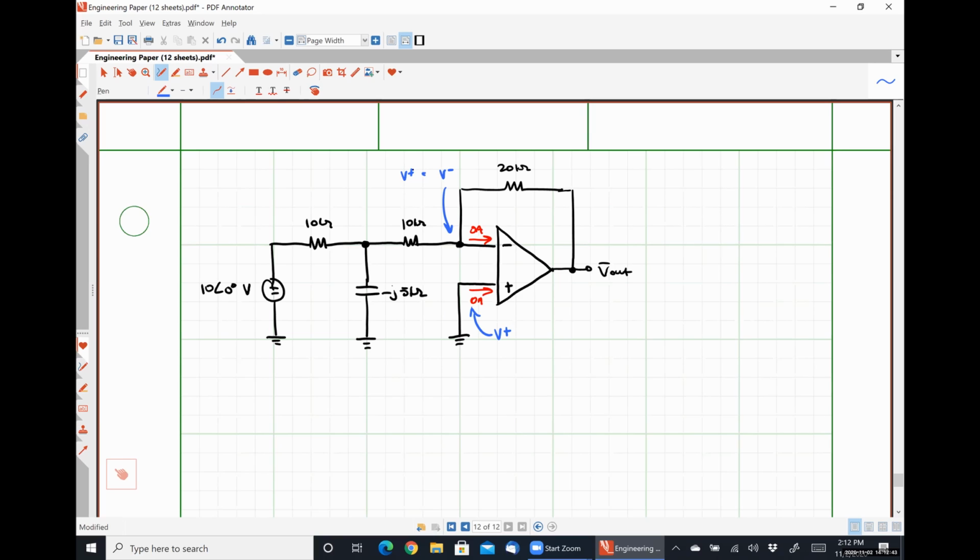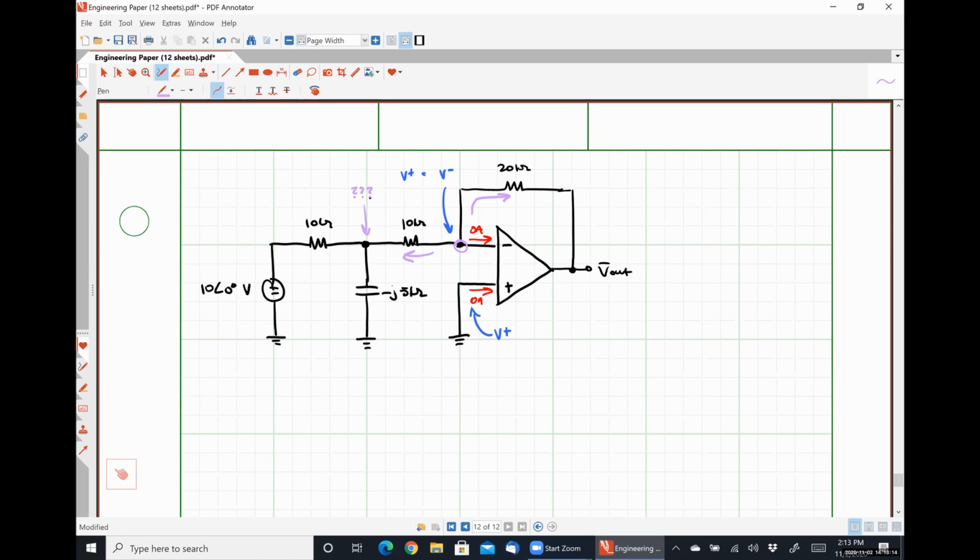And then finally, we would apply Kirchhoff's current law at our inverting input terminal. So we'd find the current flowing through here and the current flowing through here and use those relationships to find V out. The problem that we would see here is that while this voltage is known, this voltage is unknown, right?